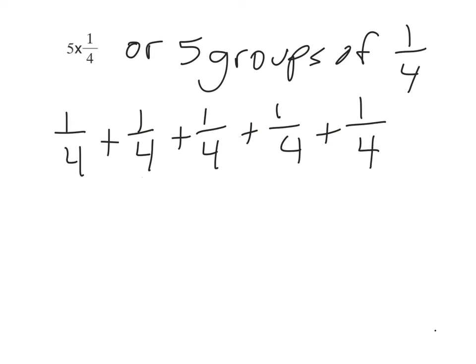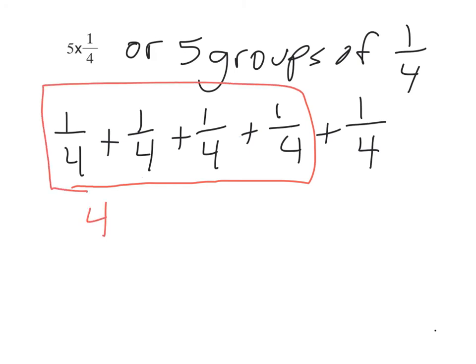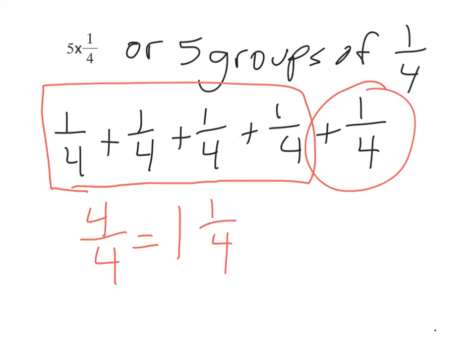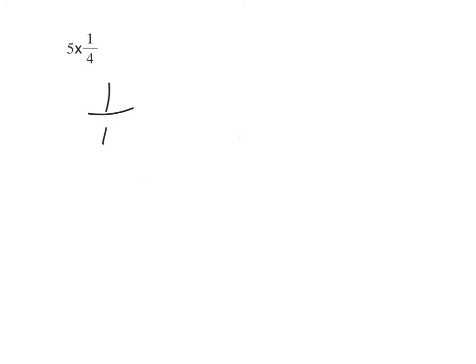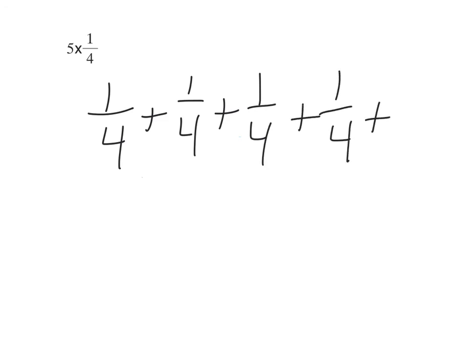A couple different ways you could have done this. You could have been counting and thought 1/4, 2/4, 3/4, 4/4, and stopped to think, oh, well, I know 4/4 is the same as 1 whole. Bring over the plus 1/4, and you've got 1 and 1/4. Another way you could have thought about it was when you had your 5 groups of 1/4, was just to add them all straight across for 1/4, 2/4, 3/4, 4/4, 5/4.